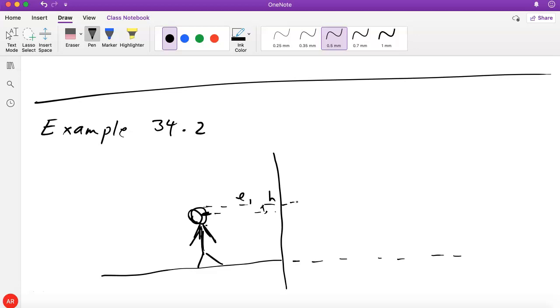So if I, let's say, consider the image on this side, right, that's the image.